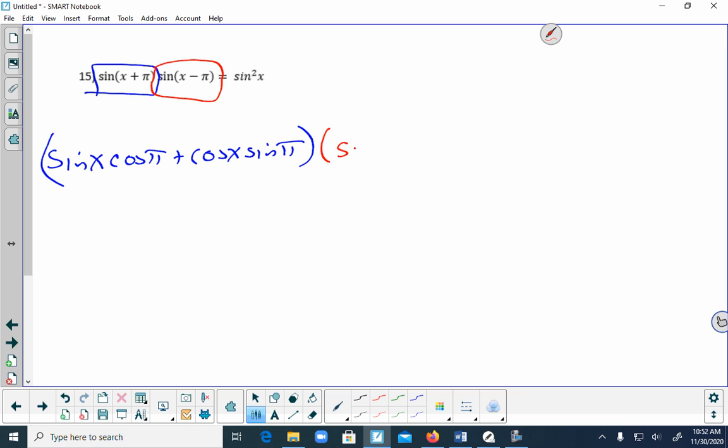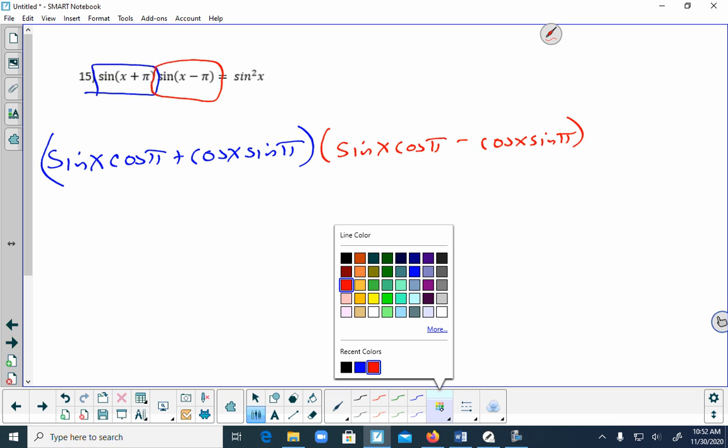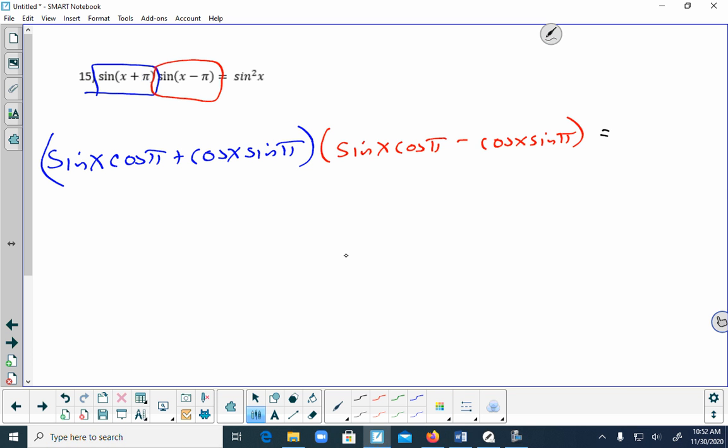And then now I'm going to do the sine of x minus pi. So this will be the sine of x cosine of pi minus cosine of x sine of pi. And I'm trying to show that that's equal to sine squared x.